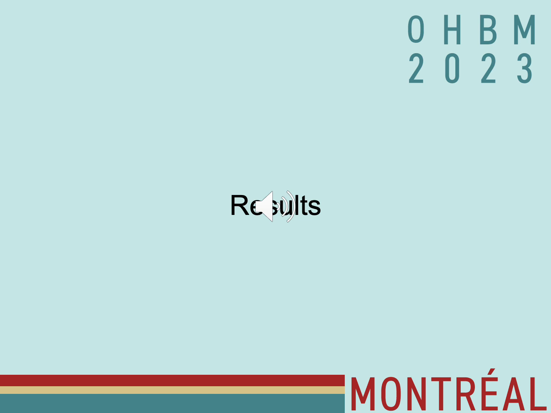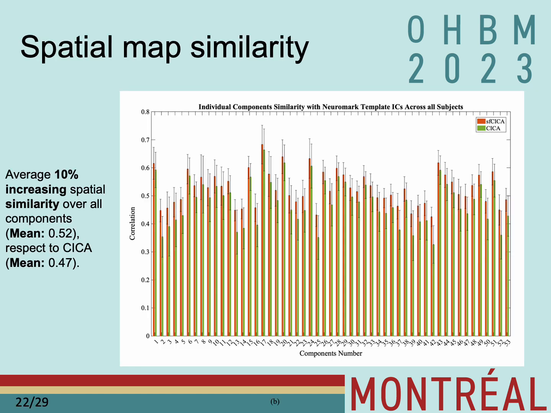In this section, we will show our results. To evaluate our model, we estimate the spatial similarity of the determined components with prior spatial maps, which are from the Neuromark template. For this purpose, for each component, the Pearson correlation was estimated for our proposed multimodal constrained ICA and the conventional constrained ICA.